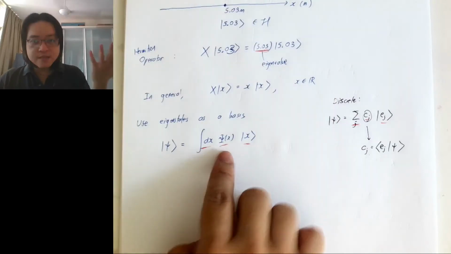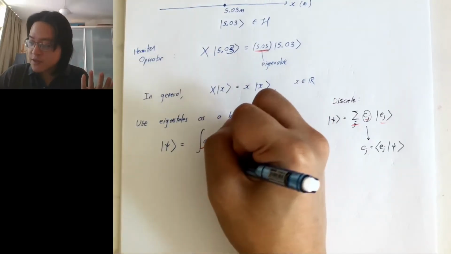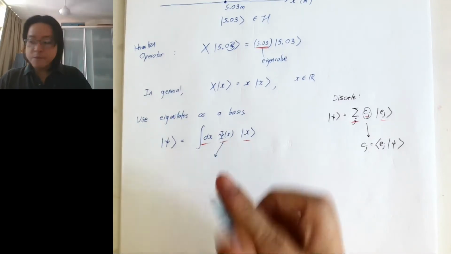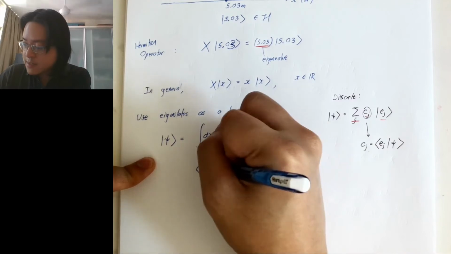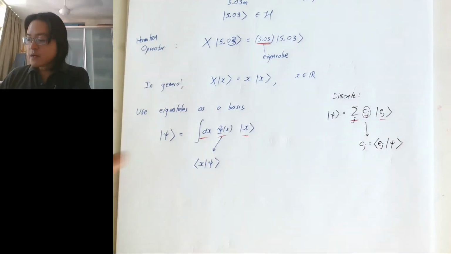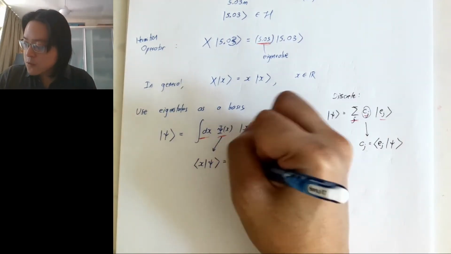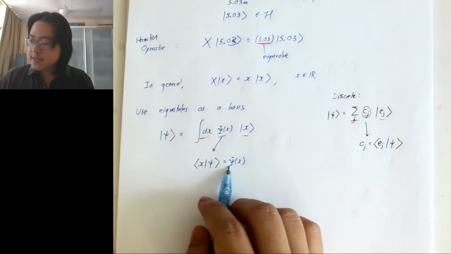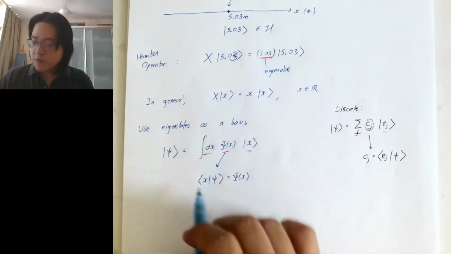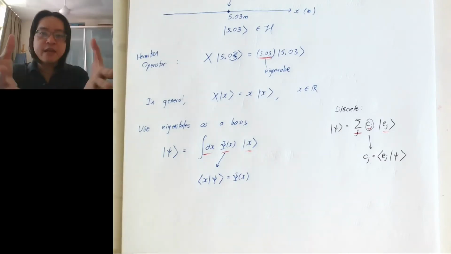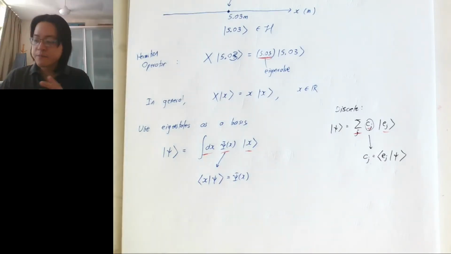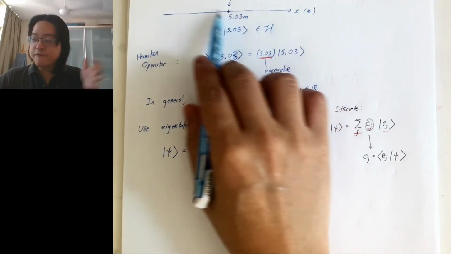Then this one is a function of x. So to determine its value, we close this state with the bra-x, right? It will depend on what this x is. When x is 5.03, it will give you the function at 5.03. You evaluate the function and it gives you a number.